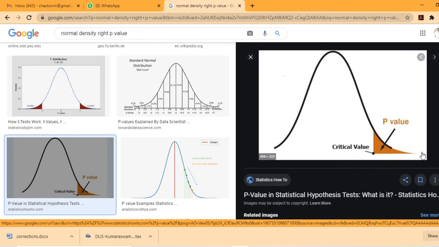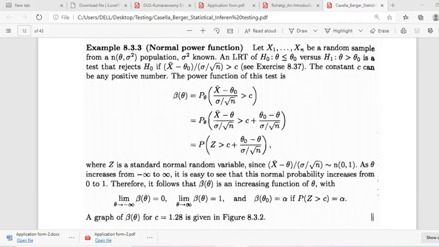It will be 0. This area will reduce to 0 as theta goes to minus infinity.